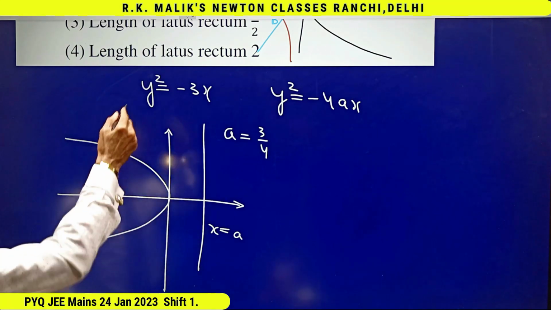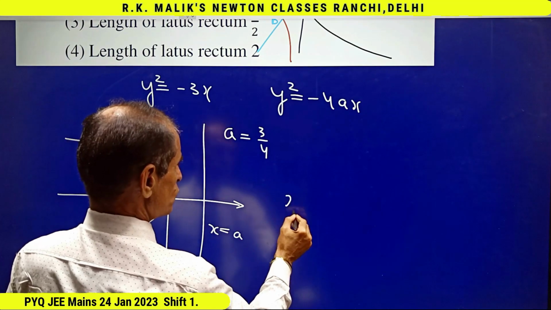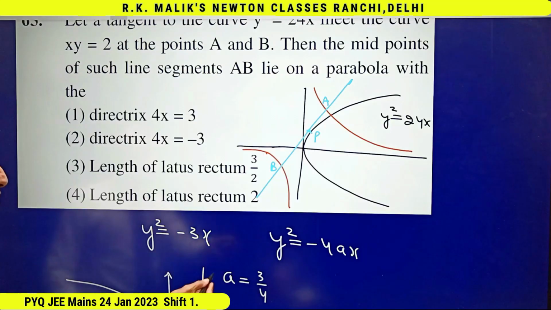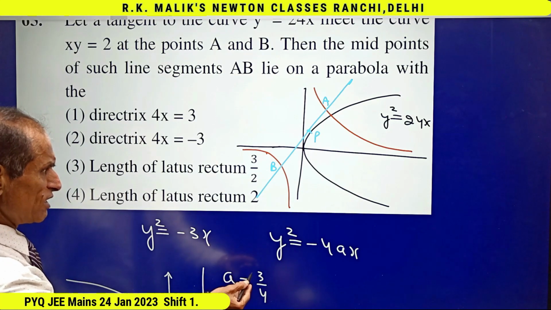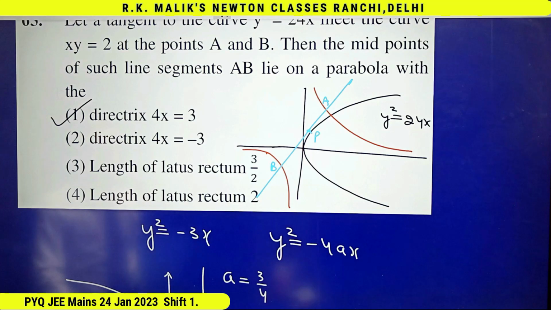That is, for this parabola, directrix is x equal to 3 by 4, and length of latus rectum is 4a, that is 3. Therefore, first choice is the correct choice.